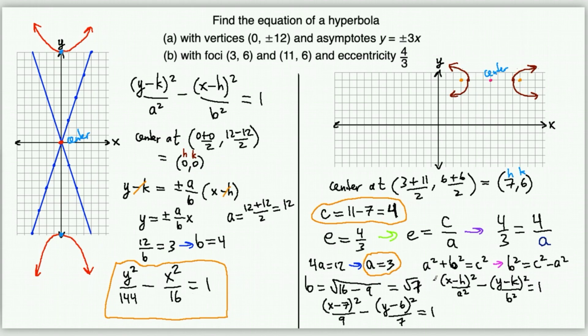So this is correct. In this case, if you plug in 6 for the y, at both of these vertices, this whole thing becomes 0. So the negative will not matter because this whole thing will be 0, and this x will be solved for. X minus 7 squared would be equal to 9. That means x minus 7, if you square root, would be equal to plus minus 3.